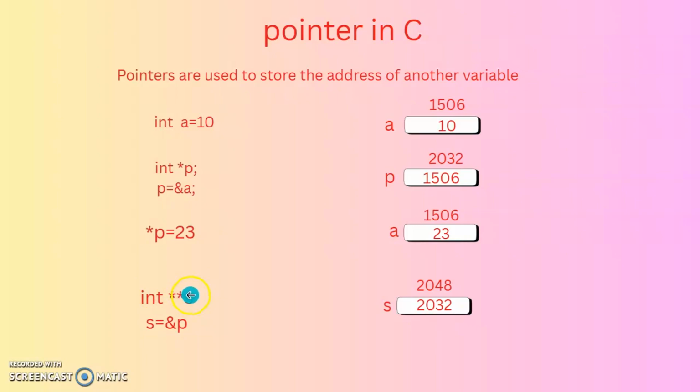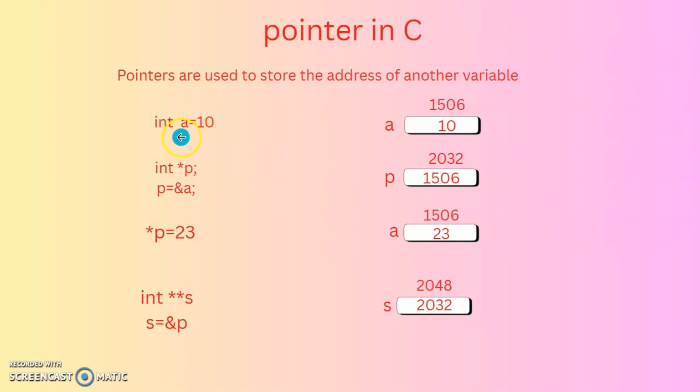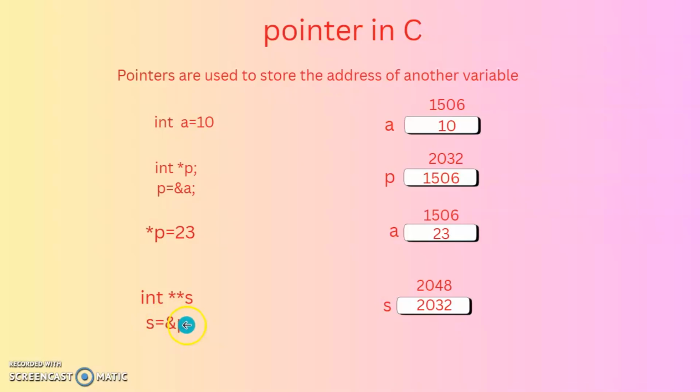That means pointer to pointer. So by saying s is equal to address of p. So what is the value of p? P is a pointer to integer variable a. That means p has the address of a. Now s will have the address of p. That is what we say, pointer to pointer.